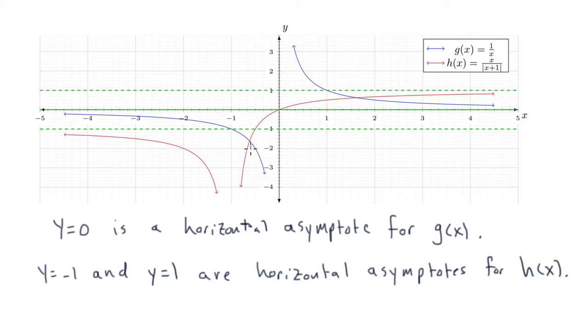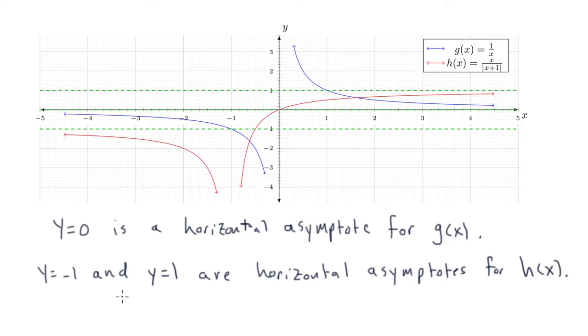If I look as x goes to infinity, so as x gets big to the right, then the function is leveling off to y equals 1. But then in the opposite direction, as x gets big going to the left, further away from 0, we're leveling off to y equals -1. So both of these lines, y equals -1 and y equals 1, are horizontal asymptotes for this function h of x.